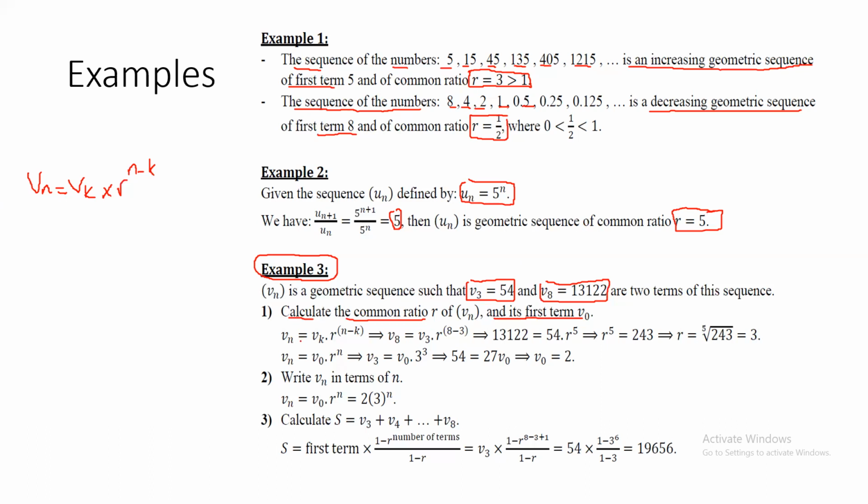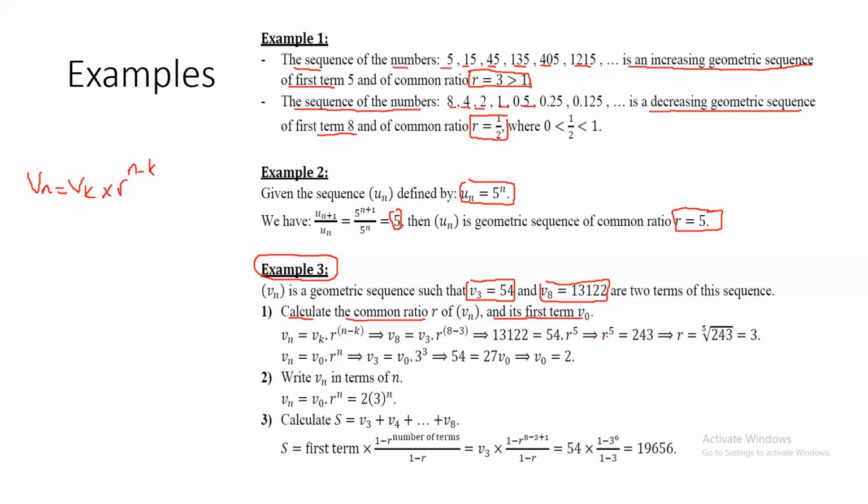So I use the rule Vn equals Vk times r to the power n minus k. Instead of n, I put 8, and instead of k, I put 3. So V8 equals V3 times r to the power 8 minus 3. 13,122 equals 54 times r to the power 5.